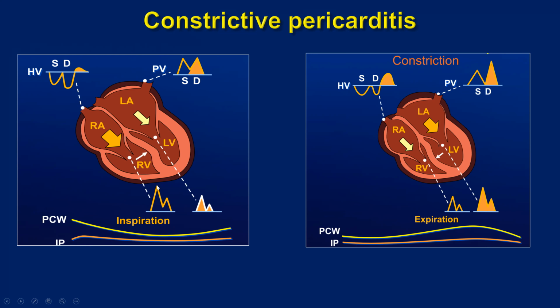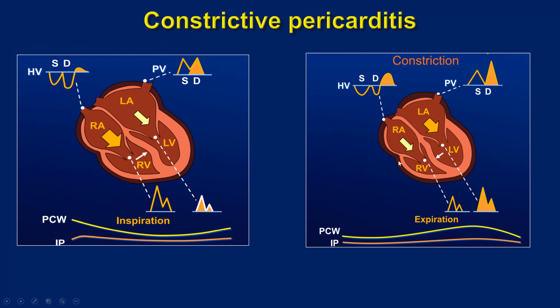S and D, we'll see it in the hepatic vein. From the hepatic vein, here we have increased flow during systole and especially diastole, okay? And the reversal is very small.